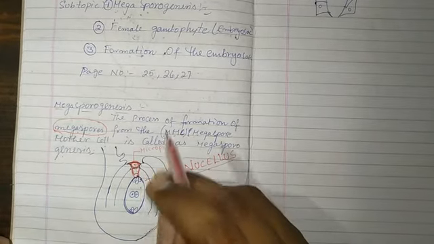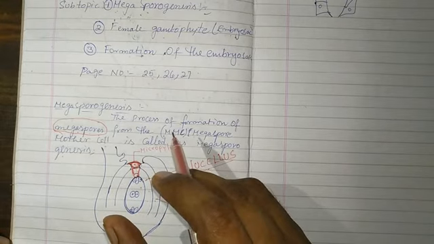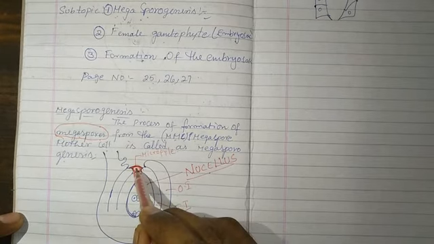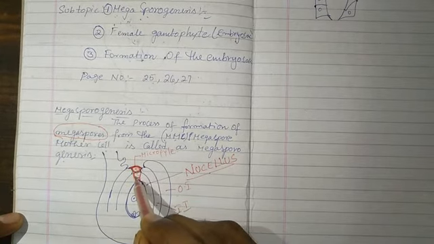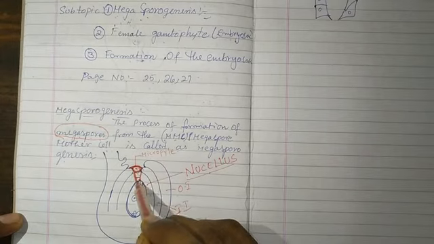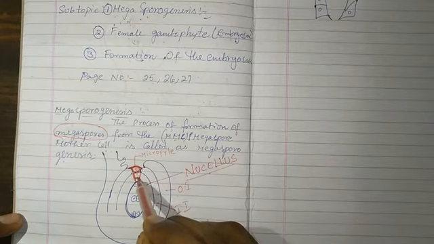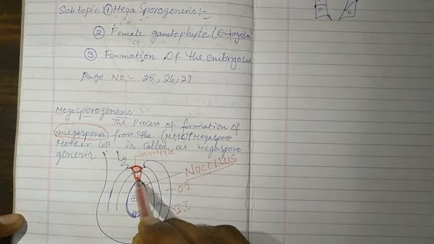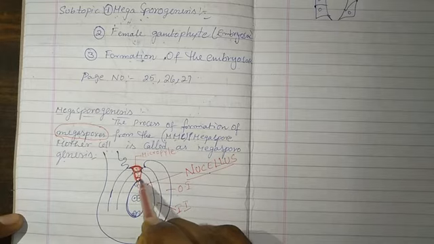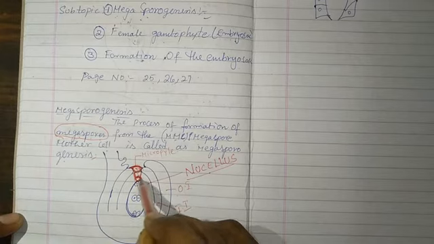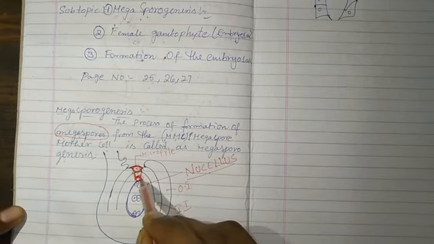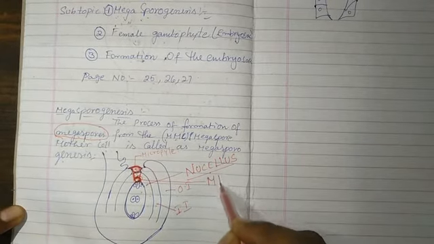And the next one is very, very important, what we are discussing now. Here, below, inside the micropyle, the nucellus is present. At the edges of the nucellus, a large cell is present, which is called MMC.